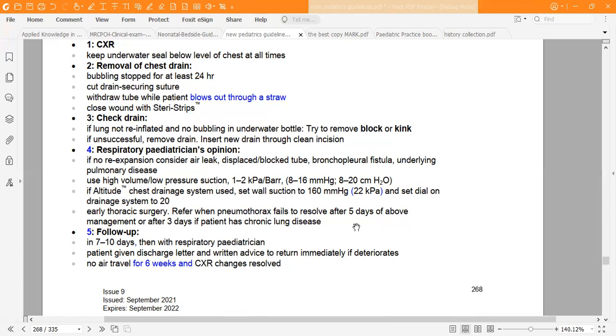No air travel for 6 weeks, and until chest X-ray changes have resolved. So this is the second golden advice: you advise your patient no air travel at all for 6 weeks after discharge, and this is very important to mention.